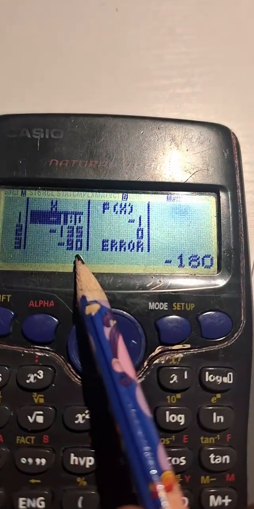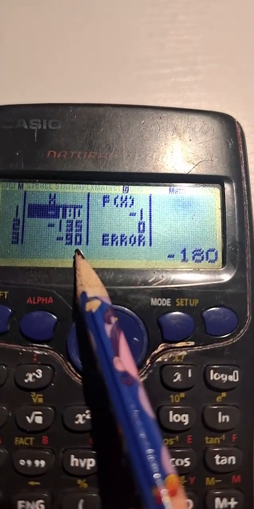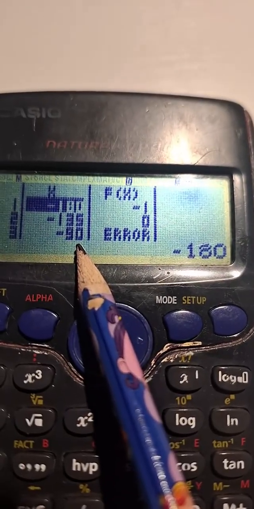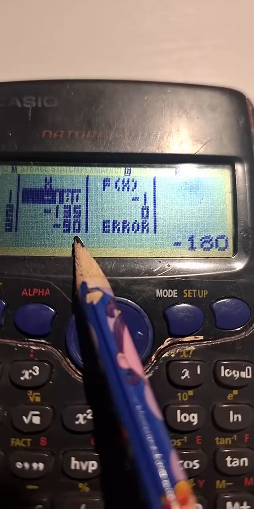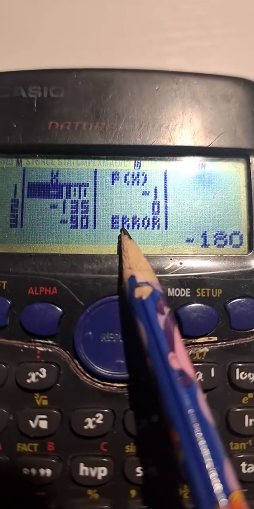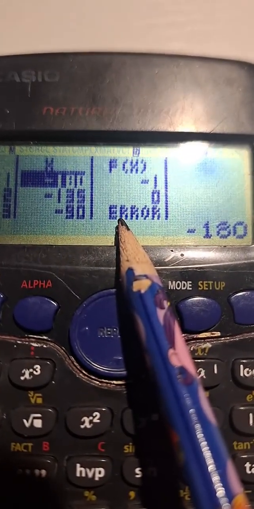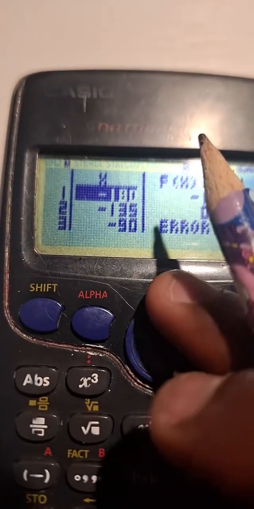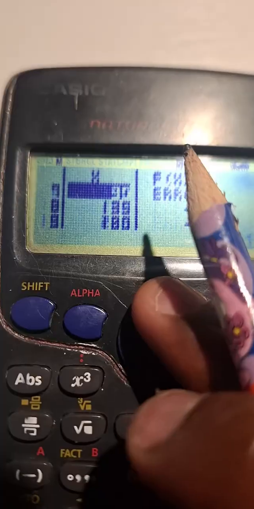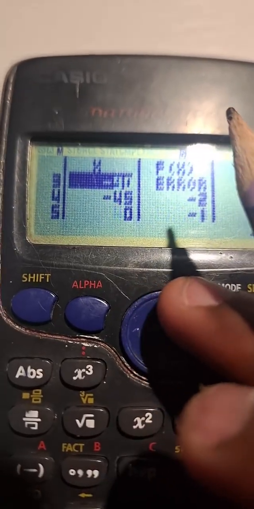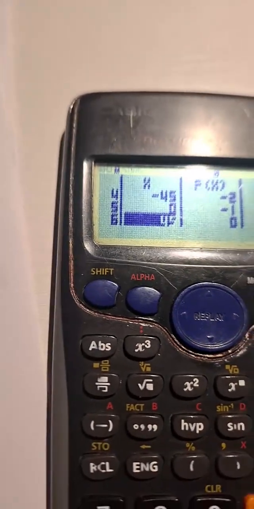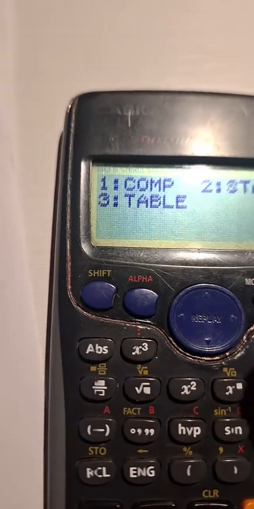Negative 90 is going to go with error. Is this the case? Are we good here? Is this true? Did I type it right? Why do I doubt now what I typed?